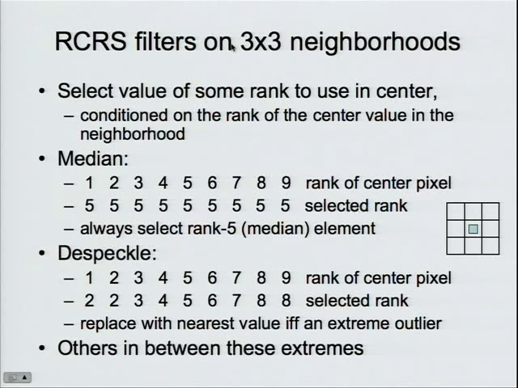The despeckle filter is a thing that in most cases doesn't change the pixel value. So if the rank of the pixel in the center is anywhere from 2 through 8 out of the 1 through 9, you just leave it alone. But if it's rank 1, you replace it with the rank 2 value, and if it's rank 9, you replace it by the rank 8 value. So that'll take things that are outliers, and it will move them just enough that they're no longer outside the range of their neighborhood.